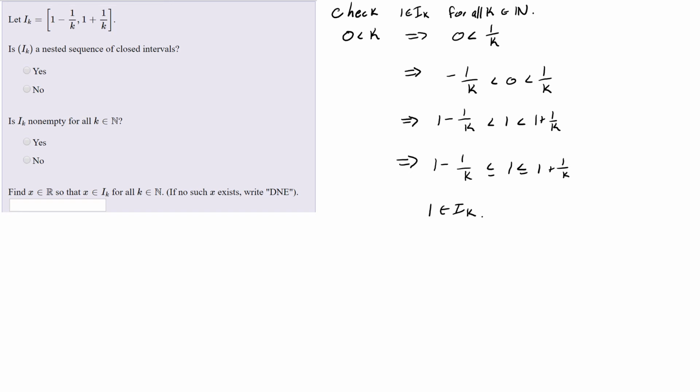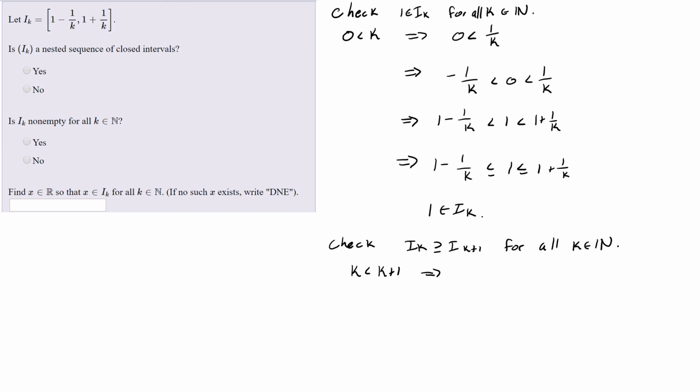And then we also want to check that I sub k contains I sub k plus 1 for all k in the set of natural numbers. And so we can again start from an inequality we know, like k is less than k plus 1.